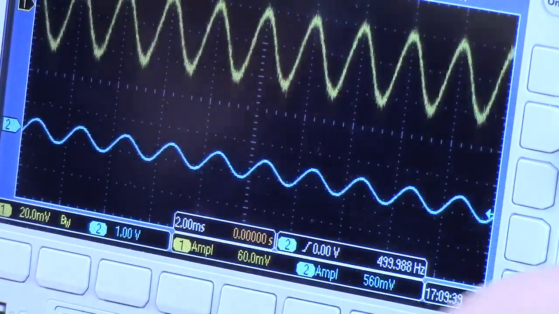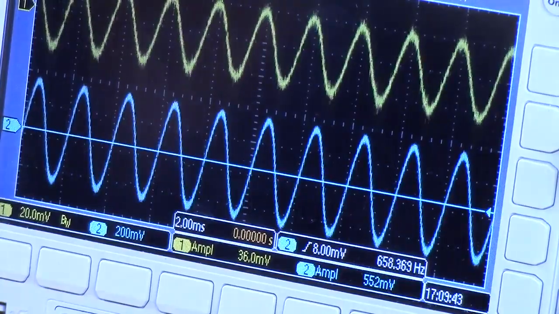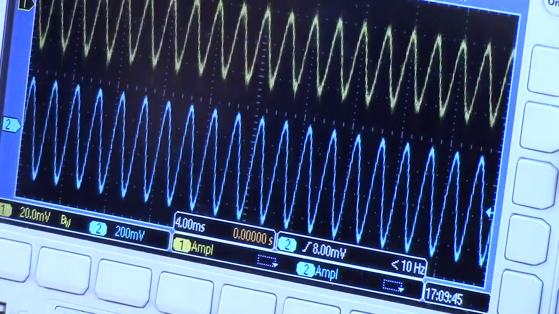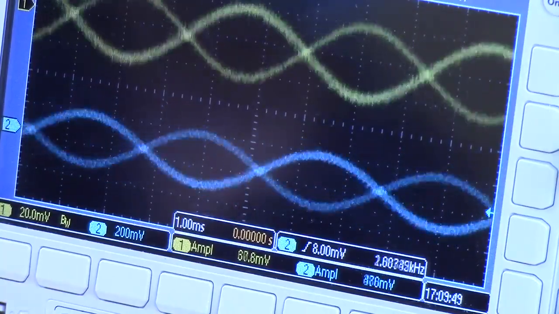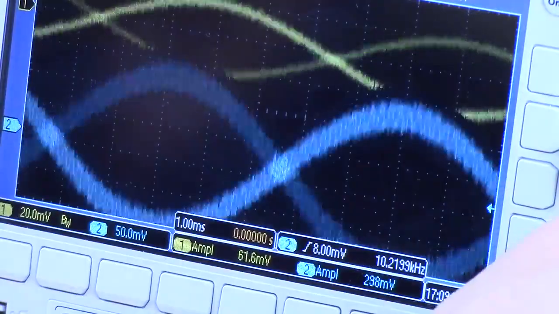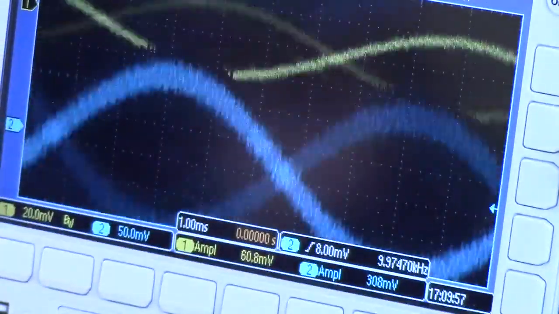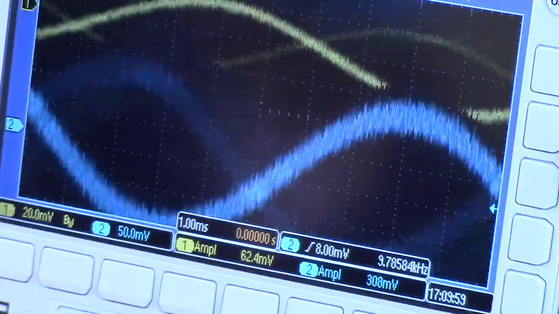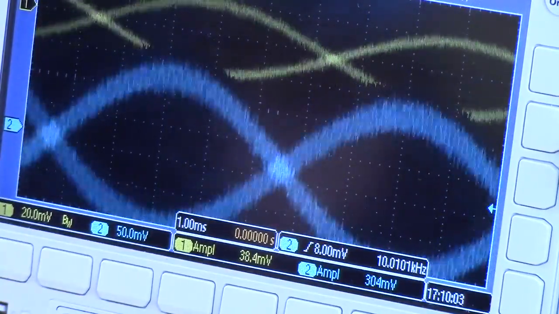And it looks like it's continuing to come down. So we may not be able to even see. We can turn our amplitude up, however, except that'll ruin our measurement, won't it? Not necessarily. Let's turn the amplitude up.